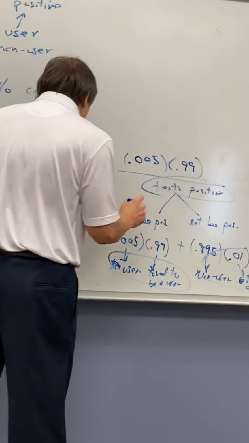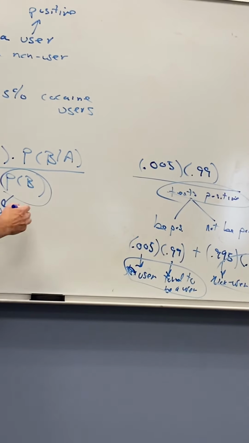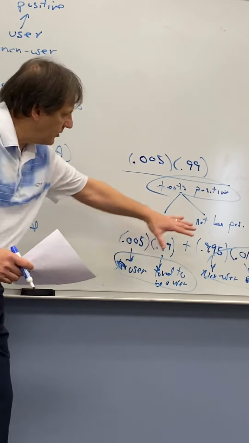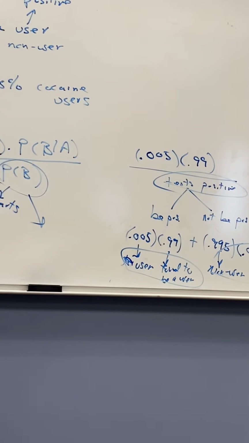Symbolically, we can actually write this as the probability of B. Sometimes it's easier just to do it in numbers, but if we wanted to do this symbolically, we could.